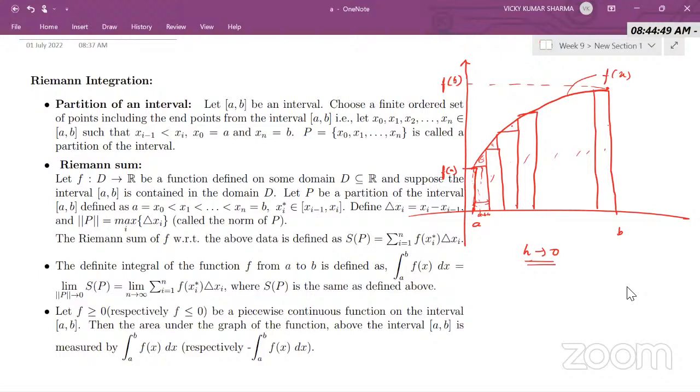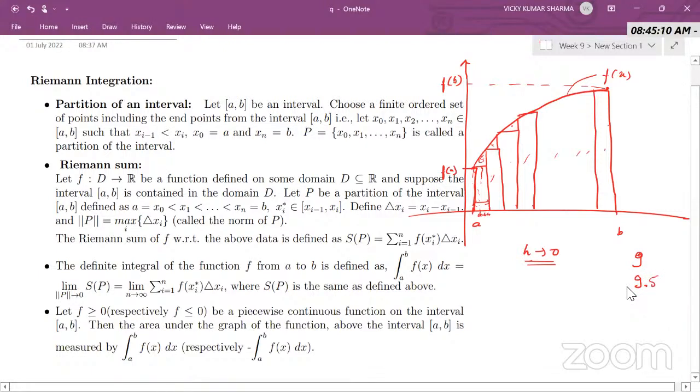When I was using this larger h, I was getting, let's say, an area of something like 9. So I'm underestimating the area, right? When my h tends to 0, I can say that now my area is something like 9.5. So this is going to give me a more accurate answer.